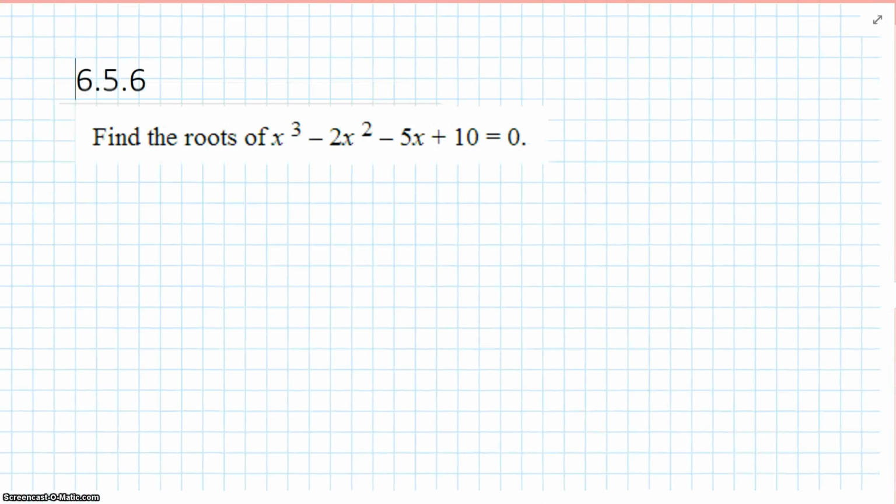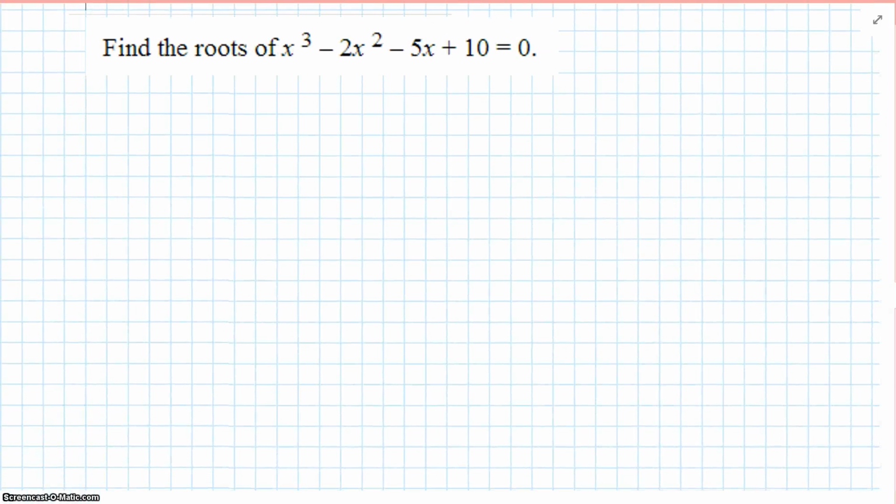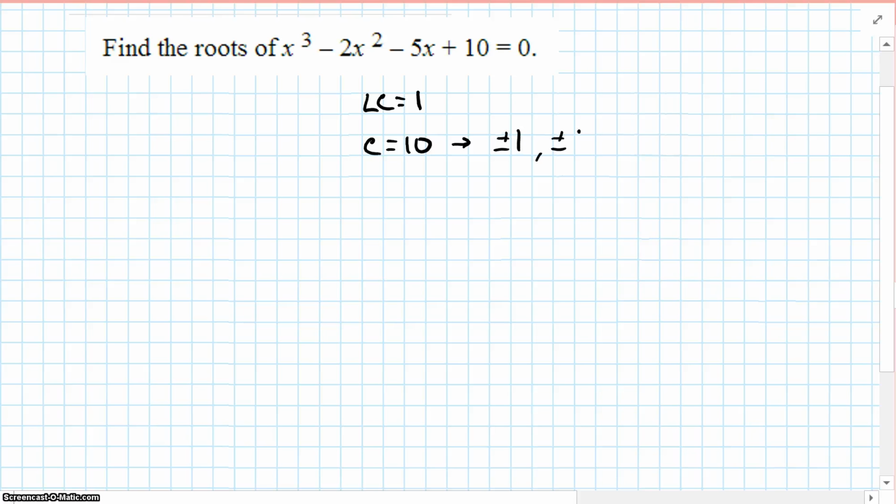Okay, last example. Find the roots of x cubed minus 2x squared minus 5x plus 10. So the leading coefficient is 1, the constant is 10. So let's find the possible factors. So plus or minus 1, plus or minus 10, plus or minus 2, plus or minus 5.